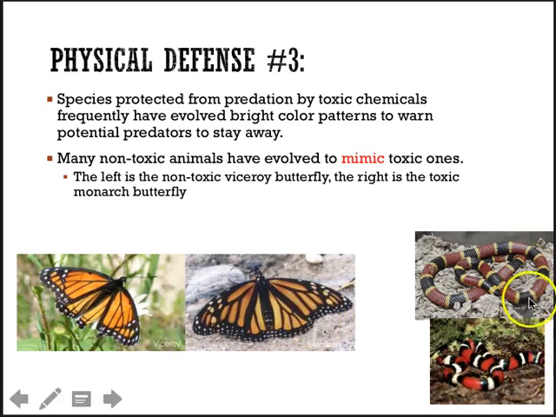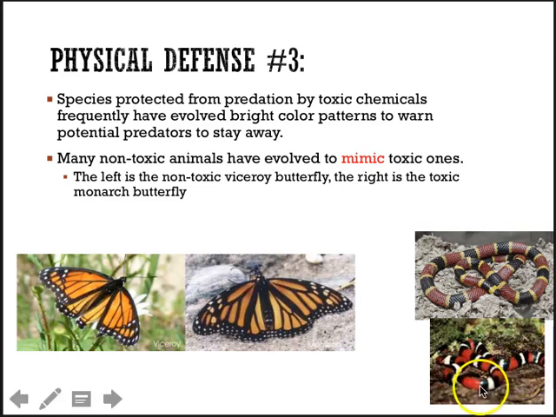Here we see a couple of different kinds of snakes. One is a coral snake and one is a king snake. One of them is poisonous, venomous actually, and one of them is not. I don't know if you know the difference, but there's this rhyme that helps you remember it: red on black, friend of Jack.